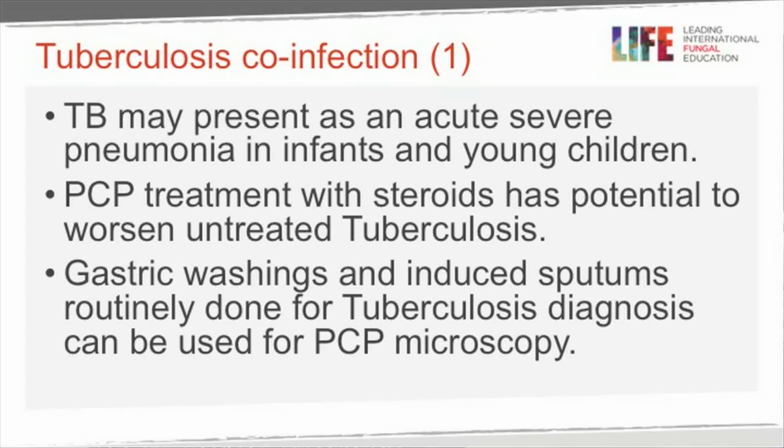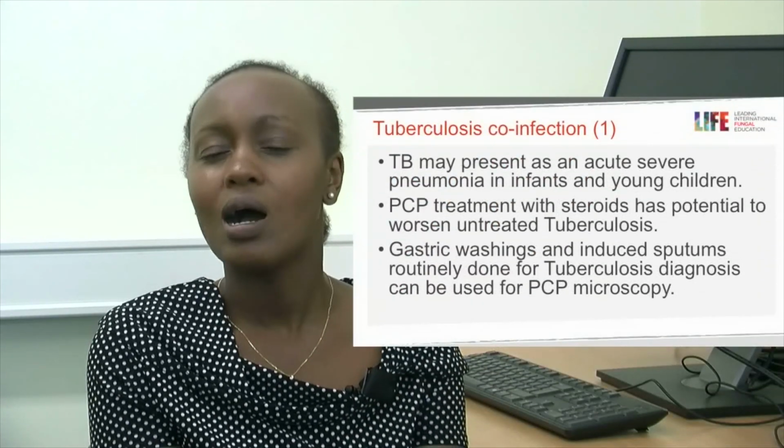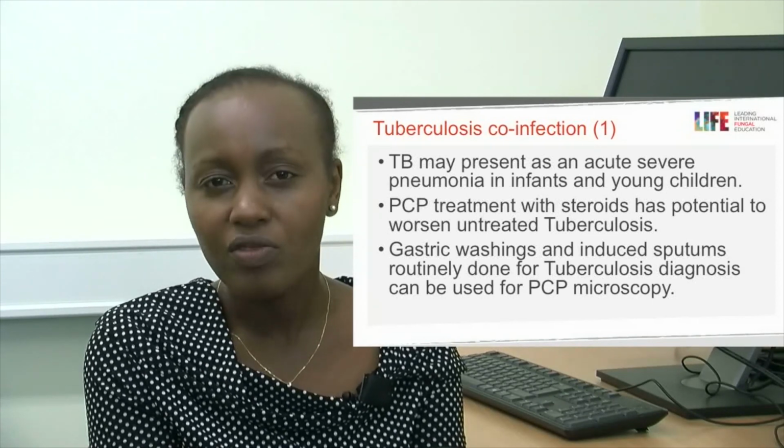Another important thing to remember is that gastric washings or induced sputums, which are routinely done for tuberculosis diagnosis, can also be sent for microscopy for Pneumocystis pneumonia, and help you find out which of the two is involved in this child, or whether it is both at the same time.